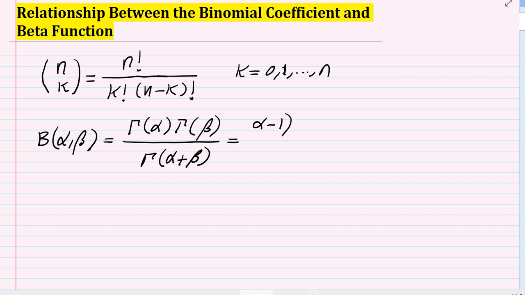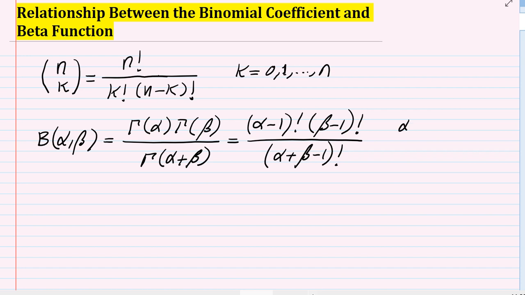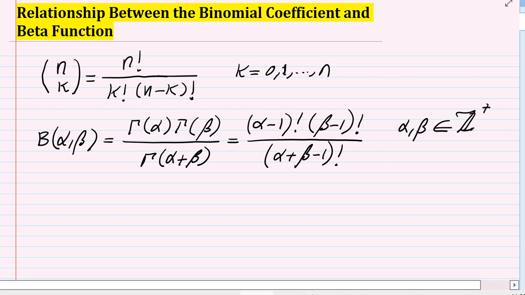And that's exactly what we want with the binomial coefficient, because it uses factorials. So this would only work provided alpha, beta are positive integers, and I will write that here for reference. So we assume that alpha, beta are elements of the set of positive integers.